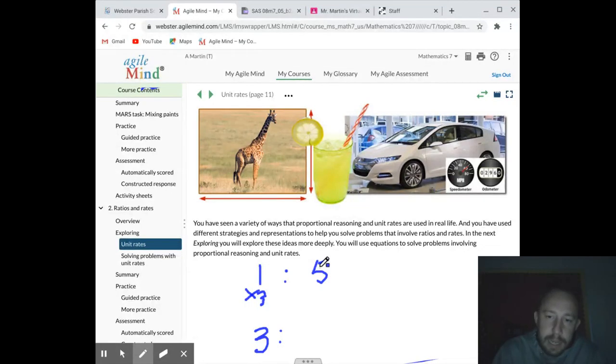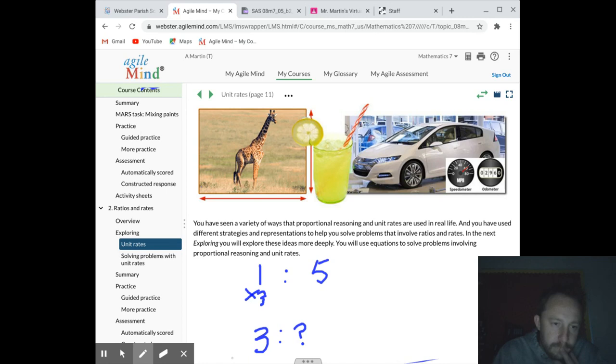What has to happen to this 5 so that it's an equivalent ratio? Oh, you gotta divide it. All right, so right here for 1 to 5 to be equal to 3 to something, what has to happen to the 5 since we tripled 1?